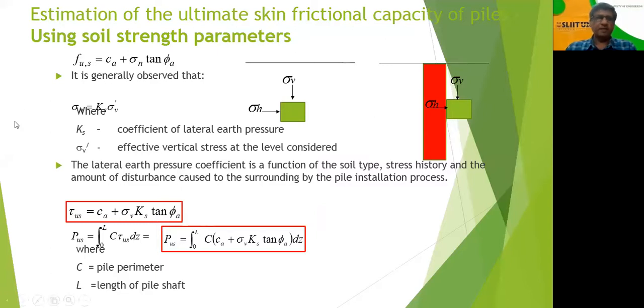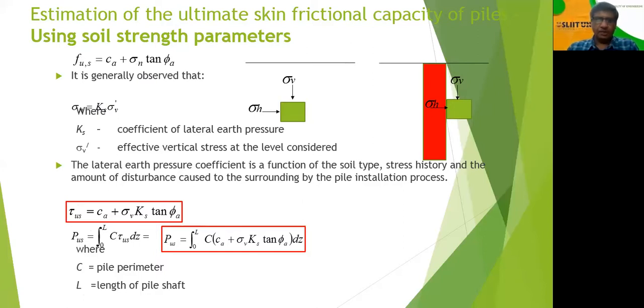In soil mechanics we say that the ratio between the horizontal stress and vertical stress is Ks. If I replace this sigma n with Ks times sigma v, then we will get this particular equation.